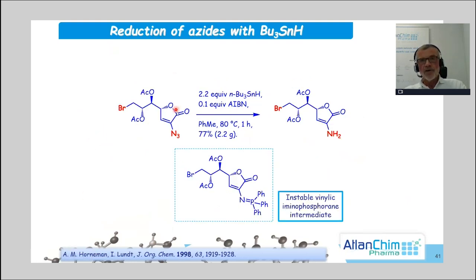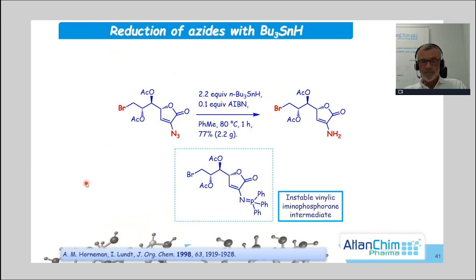In this other example, radical mediated reduction of this 2-azidolactone here gave the corresponding 2,3-unsaturated 2-aminolactone in a good yield on 2-gram scale without any traces of debrominated compound here.